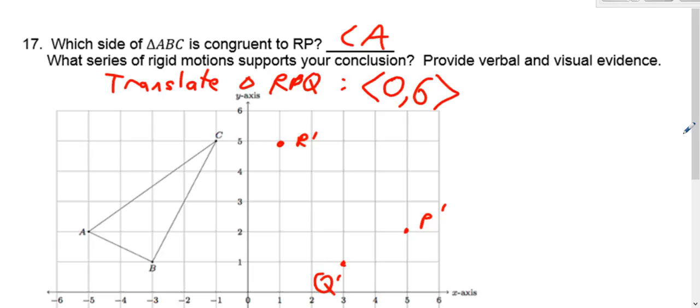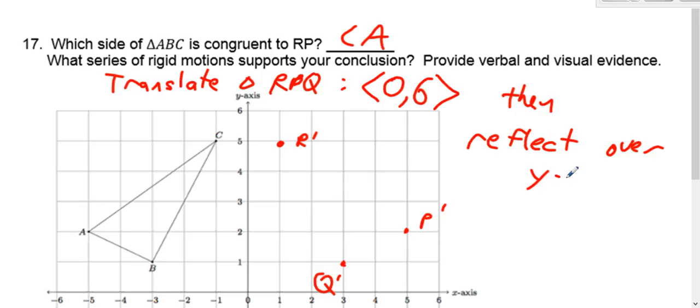And then to get it to match, we would then reflect over the y-axis. And then they match up completely.